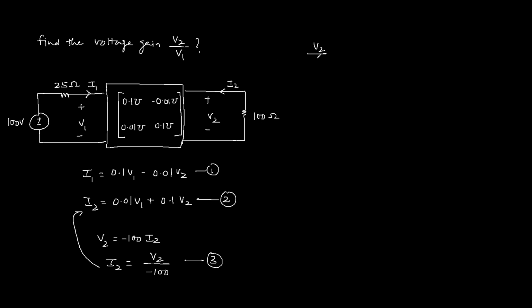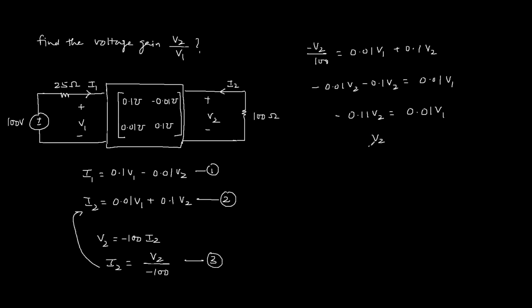So negative V2 over 100 is equal to 0.01 V1 plus 0.1 V2. So this is minus 0.01 V2 minus 0.1 V2 equal to 0.01 V1. So this is negative 0.11 V2, equal to 0.01 V1.